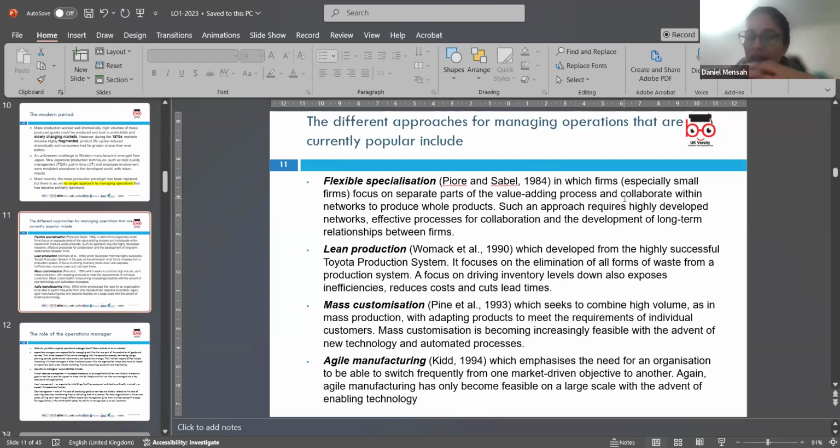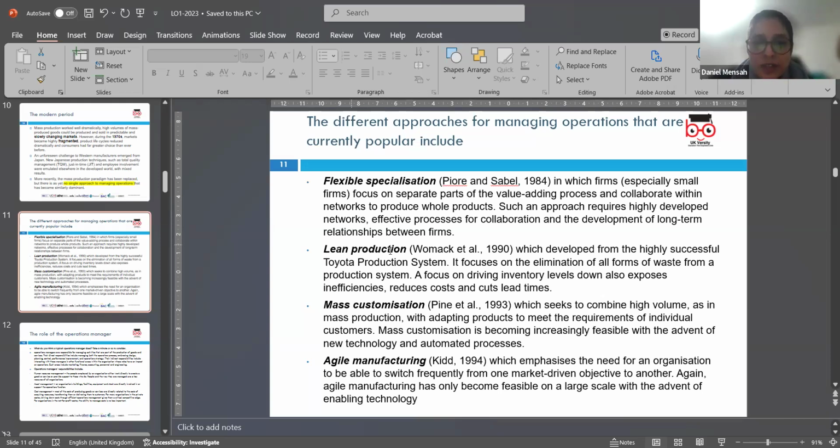So the firms need to work together in collaboration. Your networking and your relationships with the firms should be very strong, otherwise you won't be able to work efficiently and effectively. Otherwise, delays can occur if there is no strong communication and collaboration in the long term.